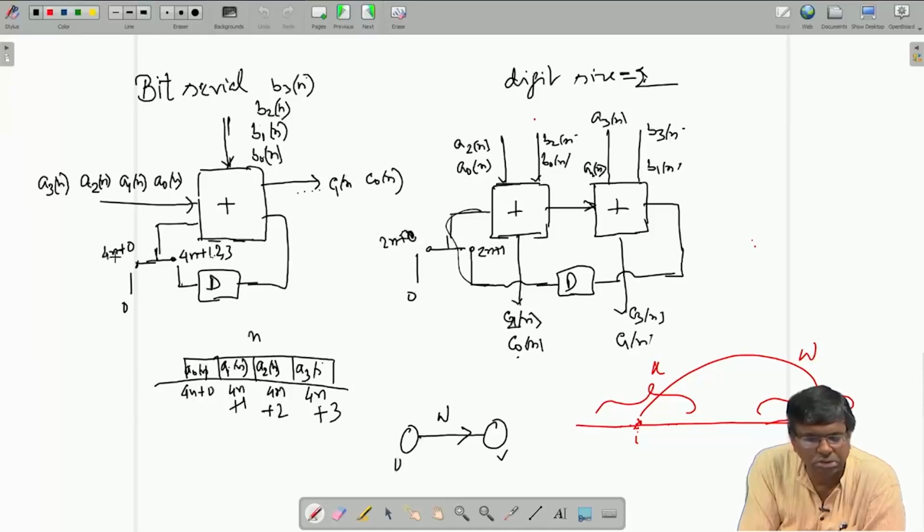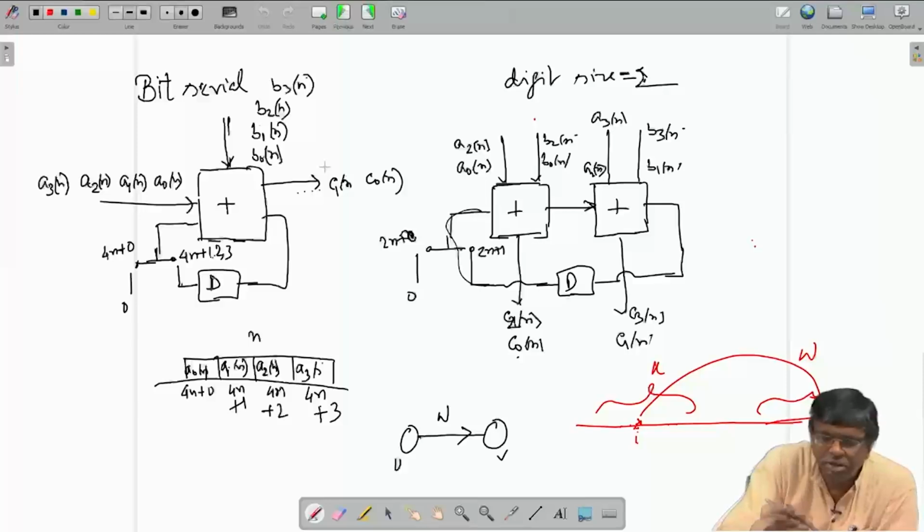Switch closes only once per n-bit word clock, that is at 4n plus 0. And from summer S output an edge comes. So, there is a loop with a delay, but this edge has a delay plus this has a switch, it does not exist always, and this goes to the output node, maybe R, capital R for result. Okay, this is the situation.